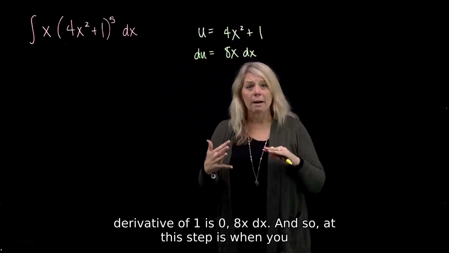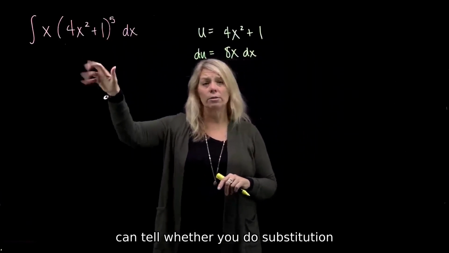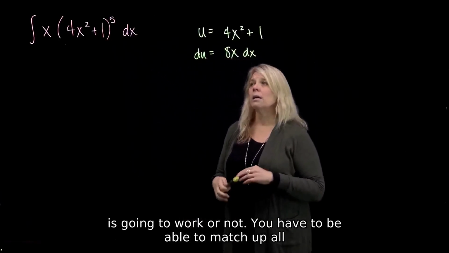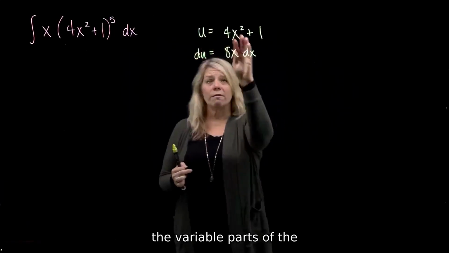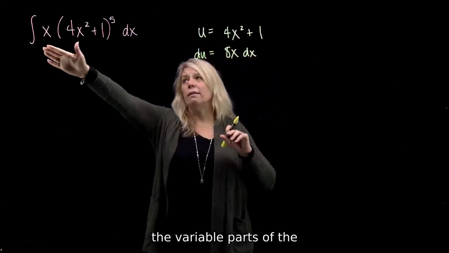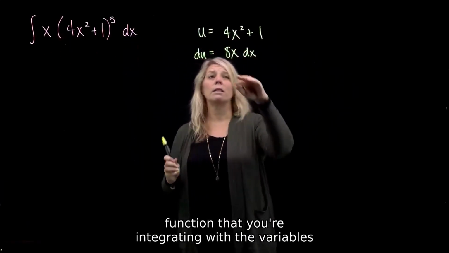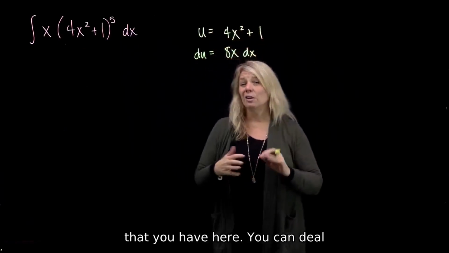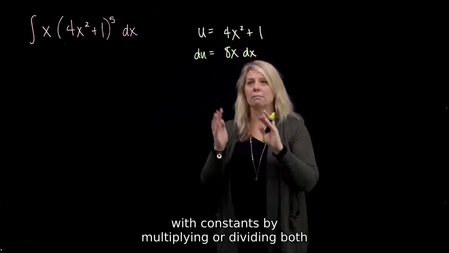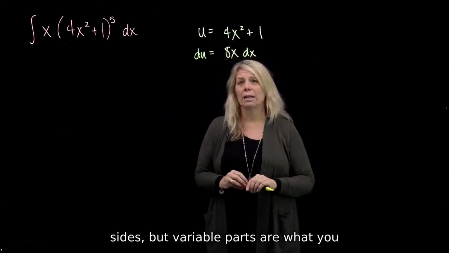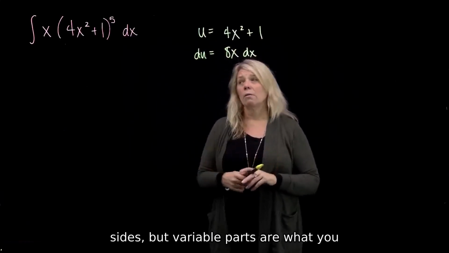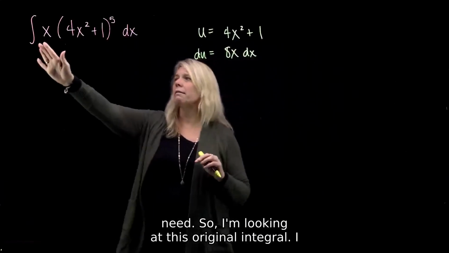And so at this step is when you can tell whether your U-substitution is going to work or not. You have to be able to match up all the variable parts of the function that you're integrating with the variables that you have here. You can deal with constants by multiplying or dividing both sides, but variable parts are what you need. So I'm looking at this original integral.